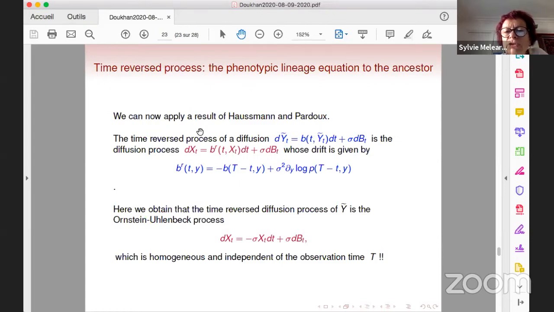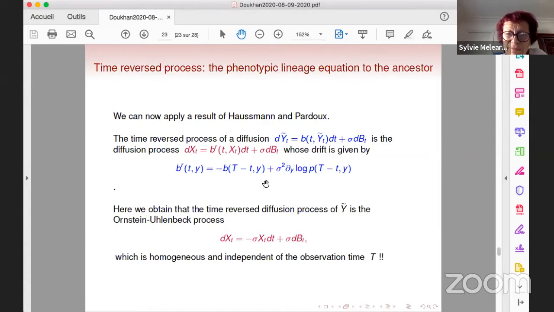We use a known result by Haussmann and Pardoux, allowing us to compute the time-reversed diffusion from this diffusion Y tilde t. That means we reverse time: instead of considering time in the forward direction, we consider it backward, from capital T to time 0, making the time change from t to capital T minus t.